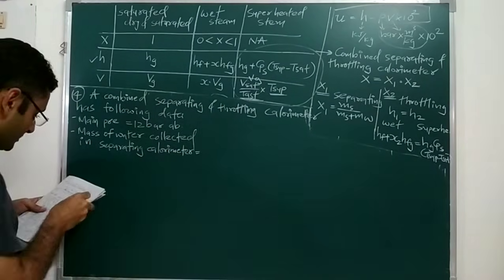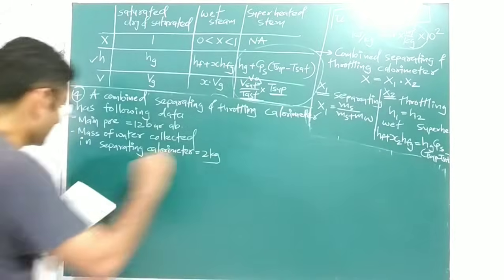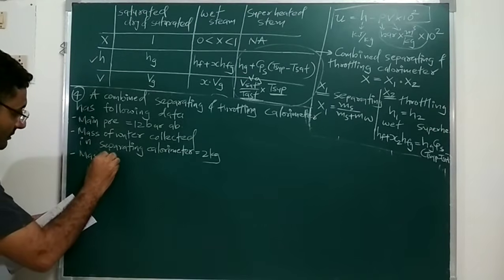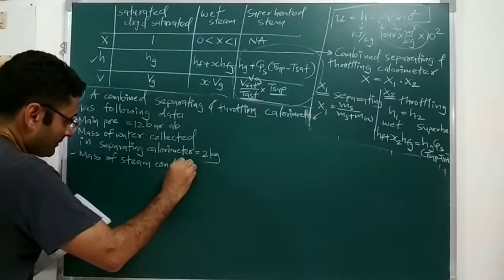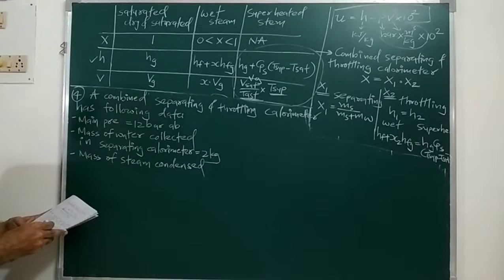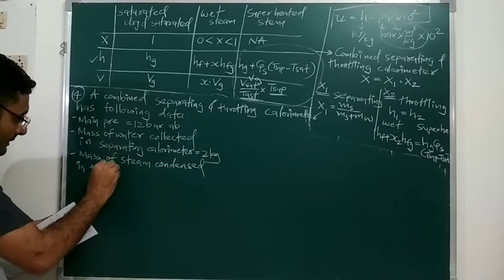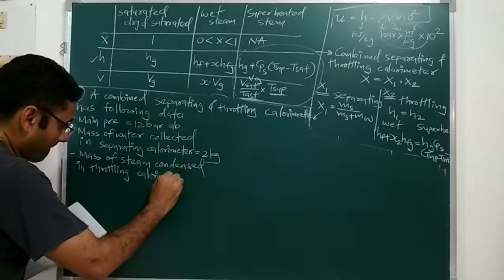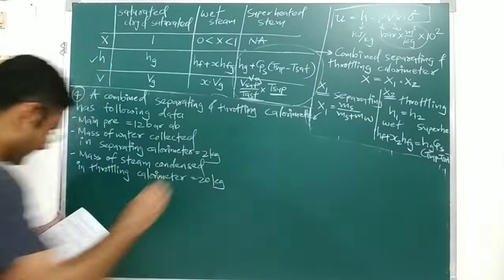Mass of water is 2 kg. The next is mass of steam condensed in the throttling calorimeter, which is 20 kg.